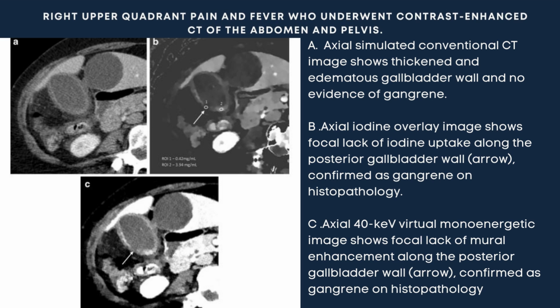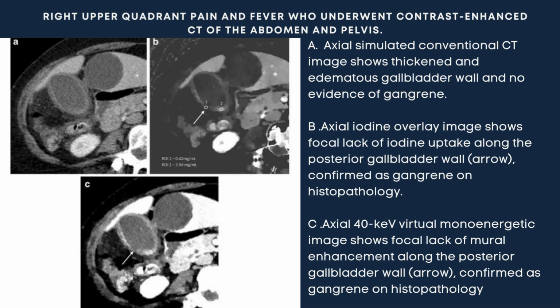This is the image of a patient with right upper quadrant pain and fever who underwent contrast enhanced CT of the abdomen and pelvis. As you can see on the letter A image, this is a simulated conventional CT image that shows thickened and edematous gallbladder wall and no evidence of gangrene. On the letter B image, the axial iodine overlay image shows focal lack of iodine uptake along the posterior gallbladder wall, as you can see on the arrow.